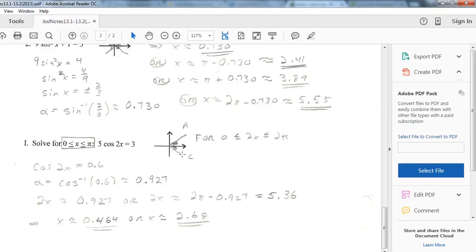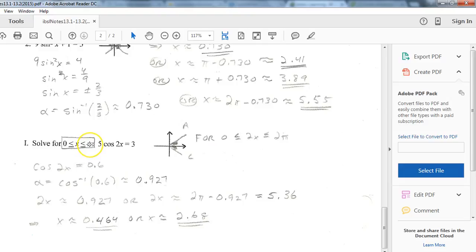And so we'd say, okay, well, where did that come from? It's the same reference angle of 0.927. So now if I did 2 pi minus 0.927, I get my next solution right here. And again, I traveled right and left because it's a cosine function. So 2 pi minus 0.927 gave me this answer. And some people might look at this and say, oh, wait a minute, I can't use this because it's not within this domain.